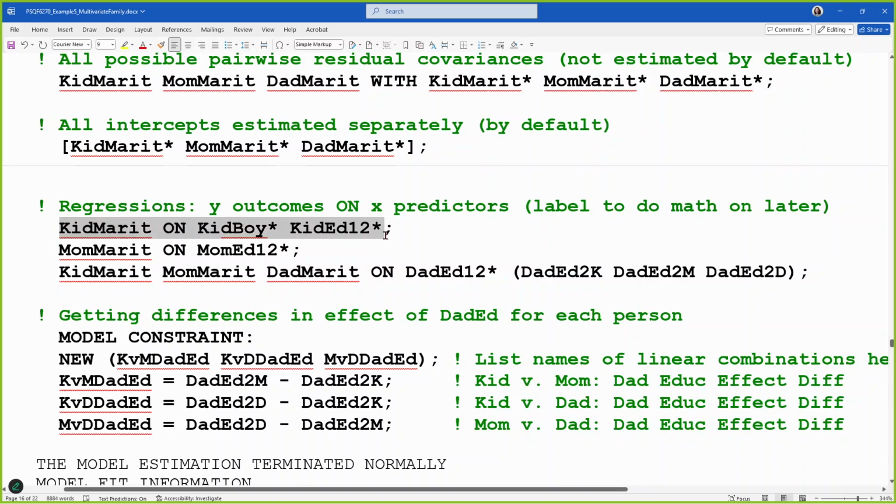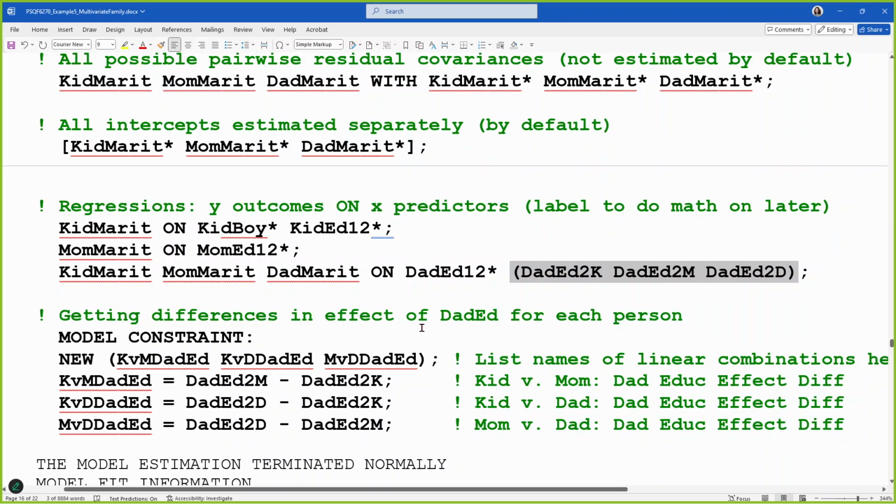So this is 2 predictors of 1 outcome. This is 1 predictor of 3 outcomes, and you can stack them up on both sides. So you can fit as many regressions as you want to on one line of code. However, it becomes tricky to figure out which labels go with which, and so that's why I separated out this one, because I knew I wanted to label these things.